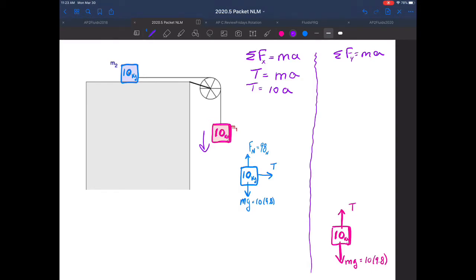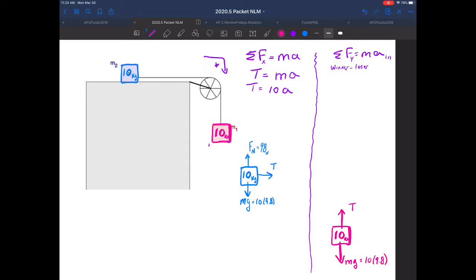So we're going to think about what direction we want to call positive here. We might as well call this combo of directions positive, to the right and down, because that's the way our system is moving. Which means when you fill in the forces, you can think about winner minus loser, and always call a positive, because a will always be in the direction of the winning force. Now mg is winning.